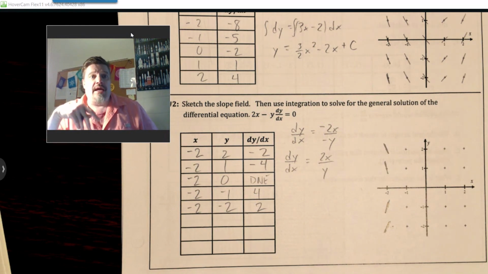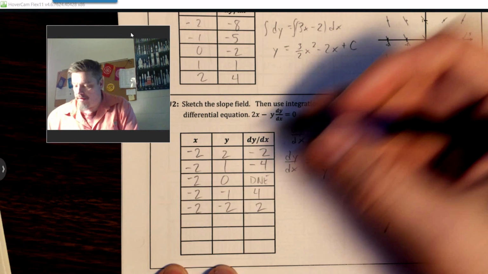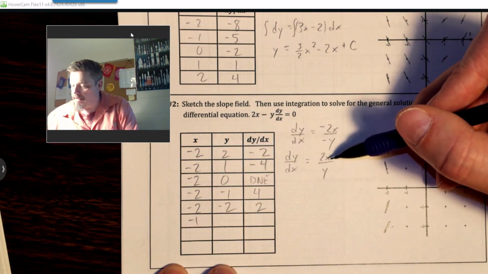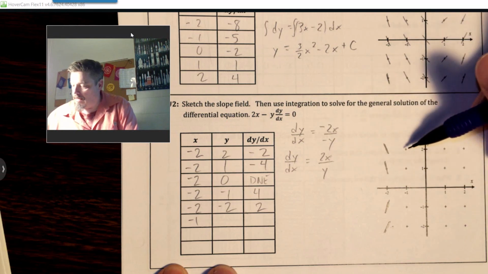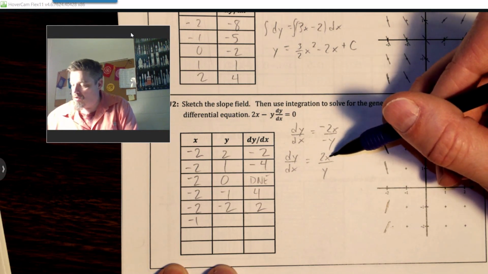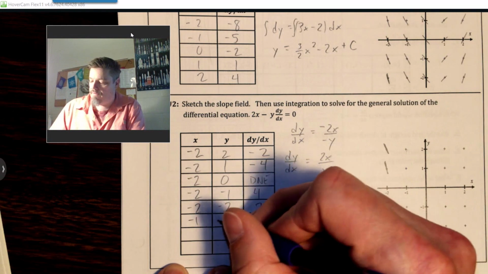You can do these mentally if you want. Let's just try one, -1. -1 would be -2, and then +2, -2 divided by +2 is -1.